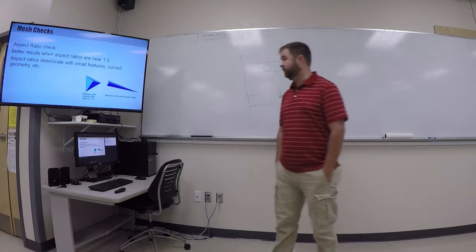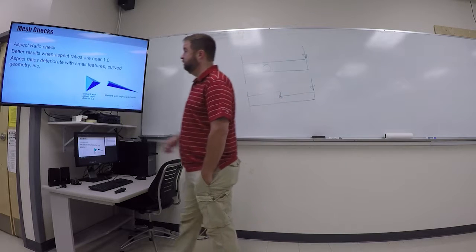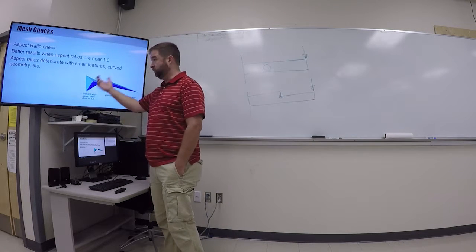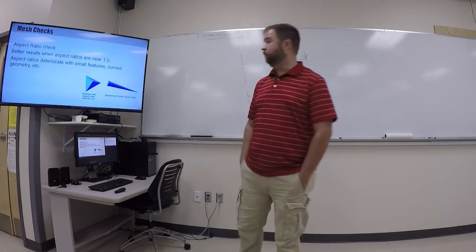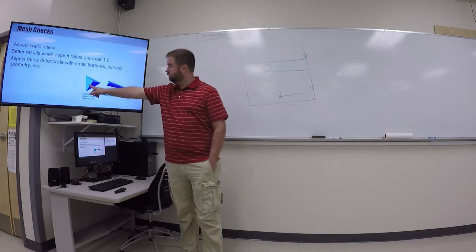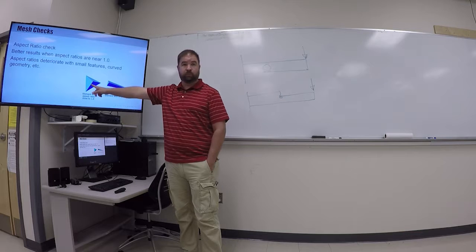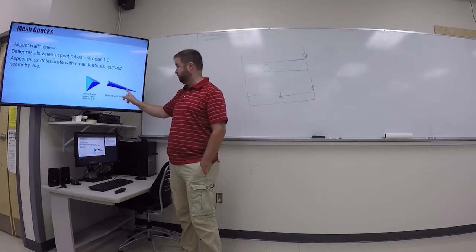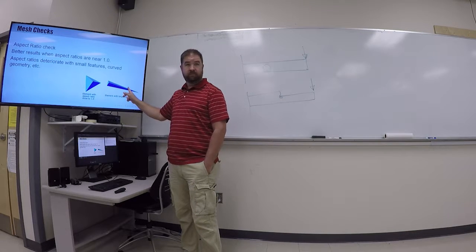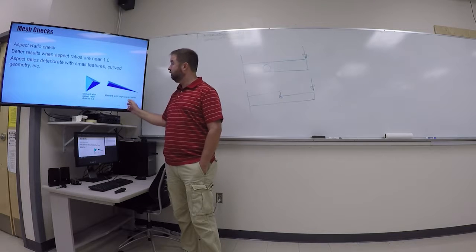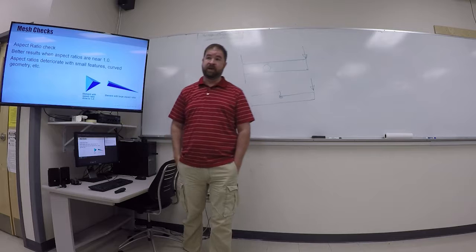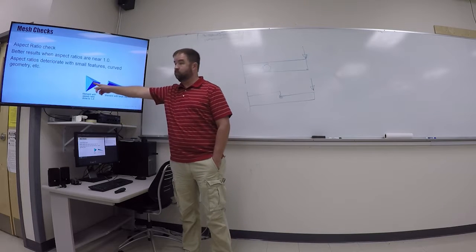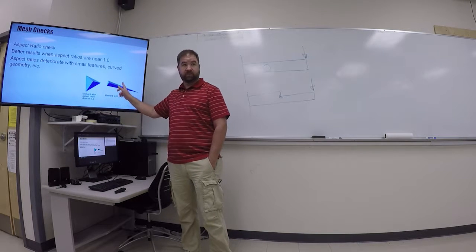And so the software does some element ratio checks. I'm just telling you this so you know that kind of stuff is going on in the background. We're looking for tetrahedrals that have similar proportions on all the dimensions versus something that looks like this. And there are limits in the software that it will kick out and say it cannot mesh it if it can't get away from some of these settings.